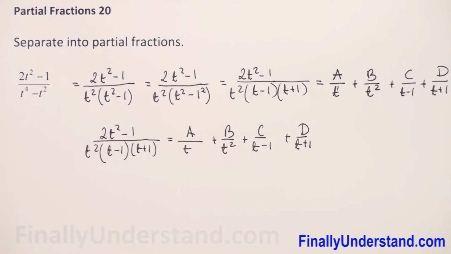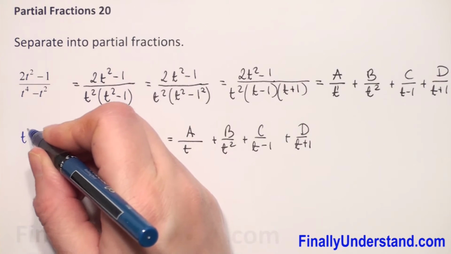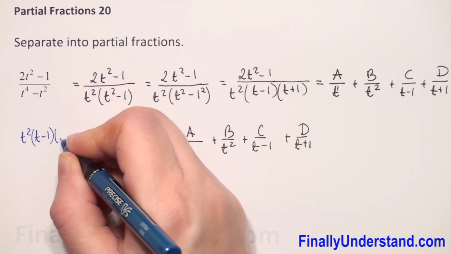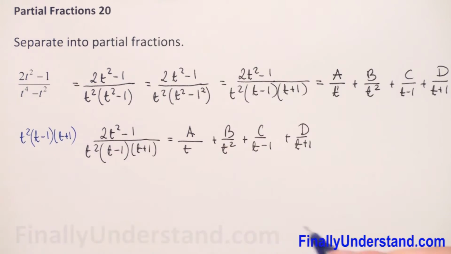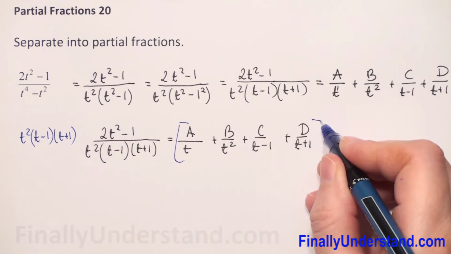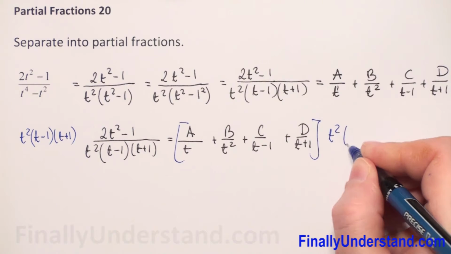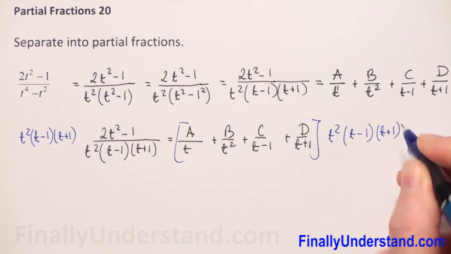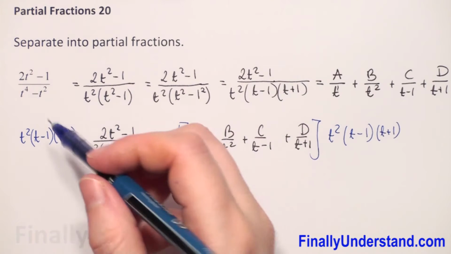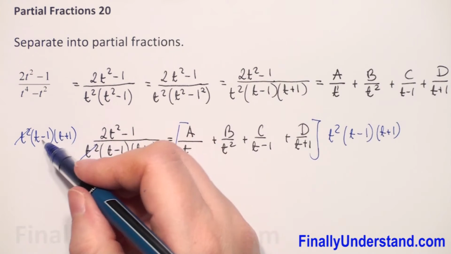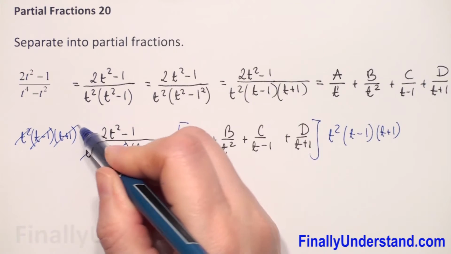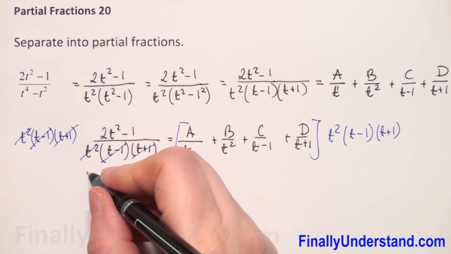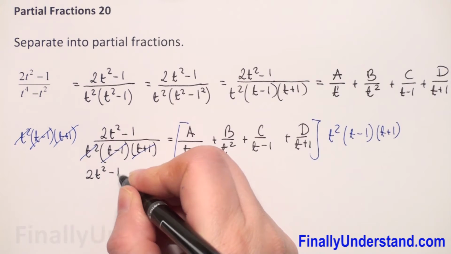So we will multiply both sides by t squared times t minus 1, t plus 1, both sides. So now we see that t squared we can reduce with t squared, t minus 1 with t minus 1, t plus 1 with t plus 1. So on the left side we have only 2t squared minus 1.